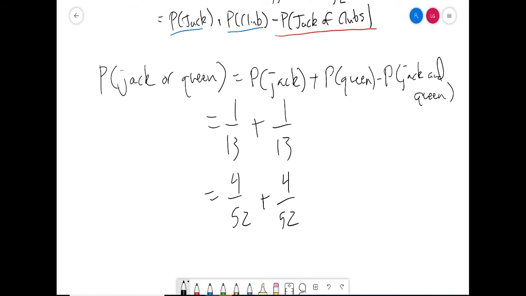But in essence, the frequency of jacks is 1 out of 13, 1 for each of the 4 suits. So 4 out of 52, 1 out of 13. But minus 0, because a card cannot be a jack and a queen at the same time. So we get, when all is said and done, 2/13.